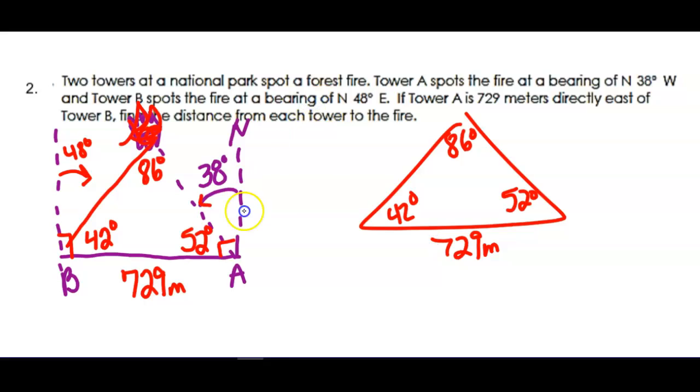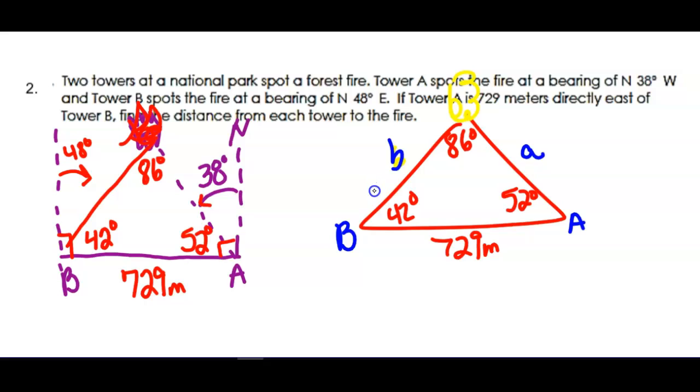Now, be careful because this is Tower A, so this is actually the distance from A. So I'm going to call that little a, even though it's not a cross, okay? This is the distance from A. If this is Tower B to the fire, which is up here, the distance from B to the fire, if I call that, would be this side.